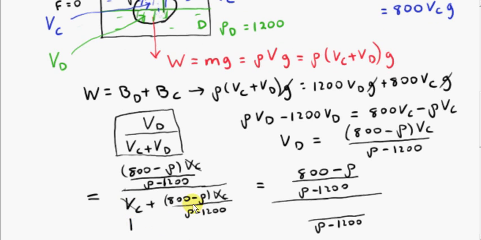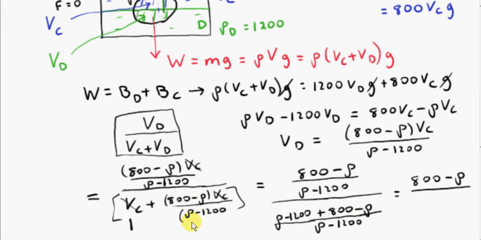VC divided by VC is 1, and when we divide this by VC, we get 800 minus rho over rho minus 1200. So let's get a common denominator for what's underneath in this fraction. We're going to get rho minus 1200 here, because rho minus 1200 divided by rho minus 1200 is 1. And then we're going to get what's left here, 800 minus rho.